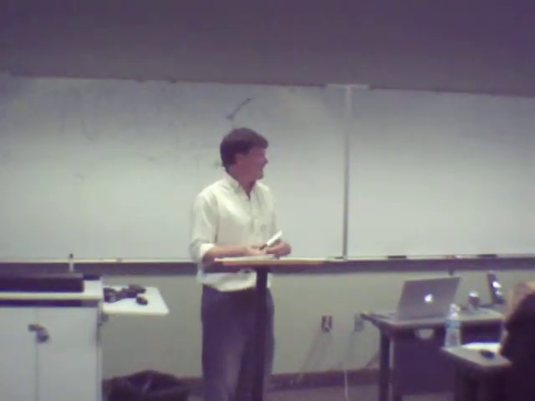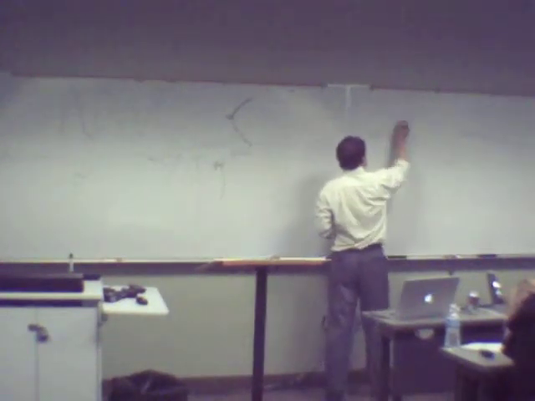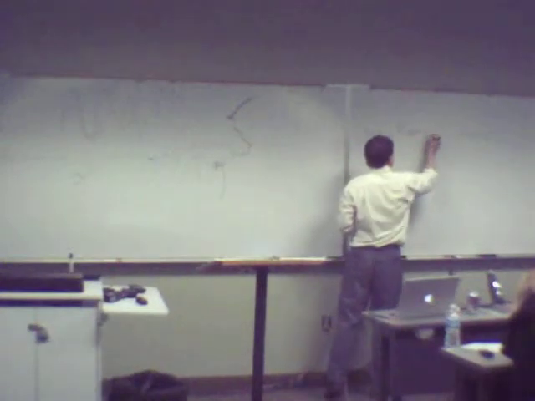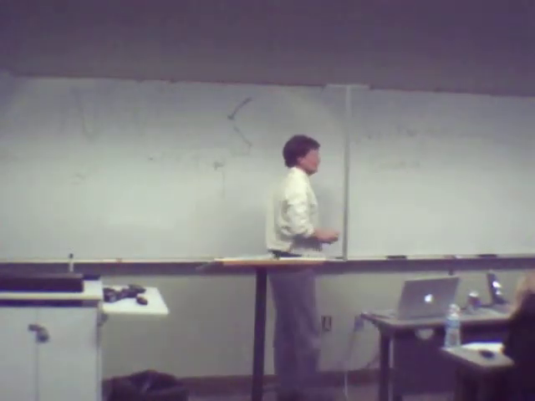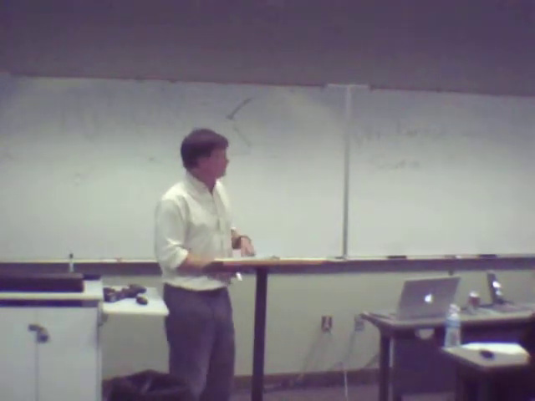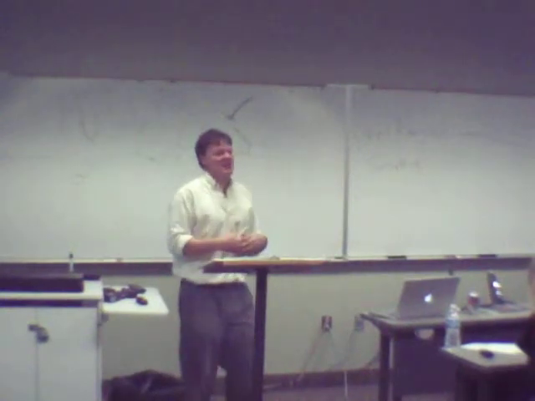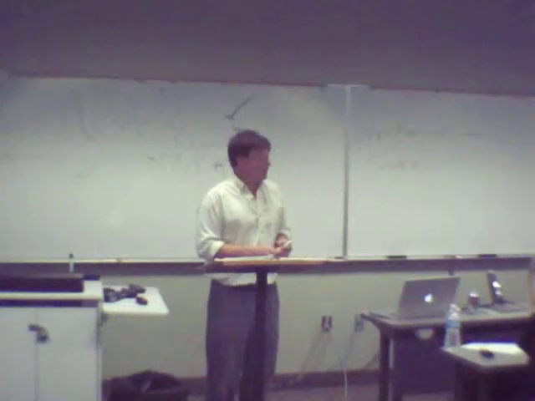Sometimes called a perikaryon. You heard that term? Or soma. All names for the same thing, the cell body. Okay? It has the nucleus and all the general stuff you'd find in any generic cell.